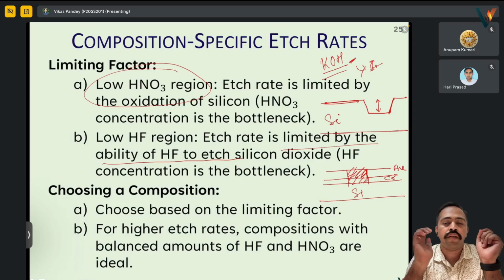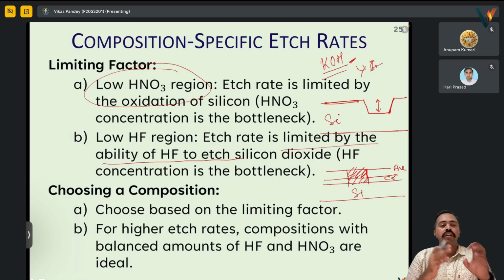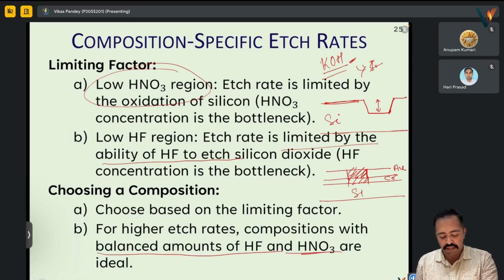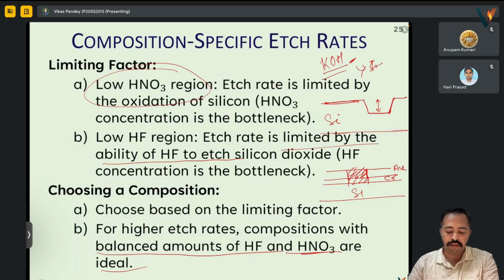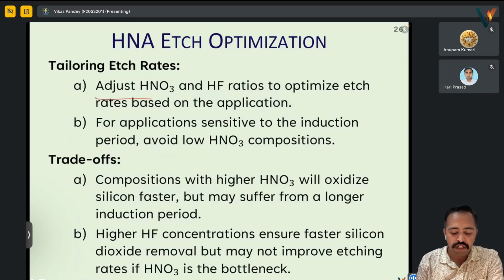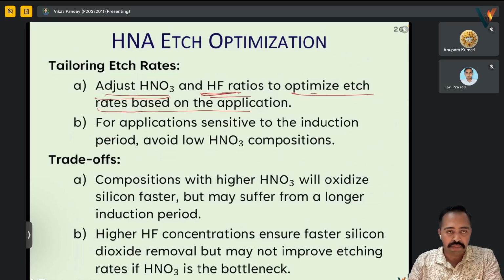For a higher etch rate, because we want control but we don't want it to be very slow, the best way is to have a balanced amount of HF and HNO3, and that we can take from isoetch curves. We adjust the HNO3 and HF ratio to optimize the etch rate based on the application.